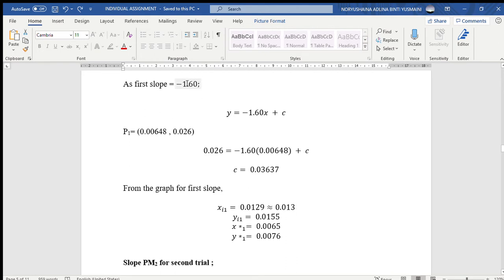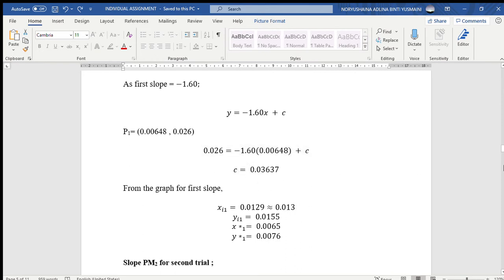So what I've done is I substitute this slope value into the straight line equation, and it's turned out to be like this. As for the P1, I took the value or the coordinate of XA1 and YA1. After substituting into the equation, finally I got the y-intercept is equal to 0.03637.